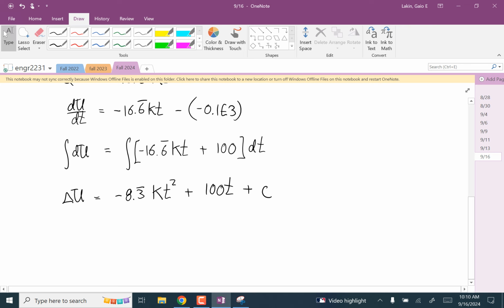So you can write it like this, and then that change is U2 minus U1. And this C is your U1, so that cancels with, oh no, that's plus U1.